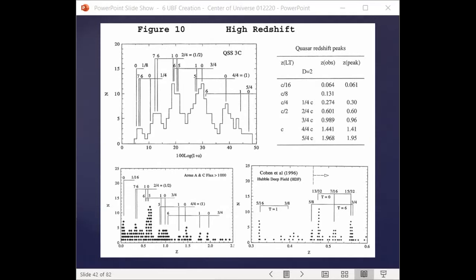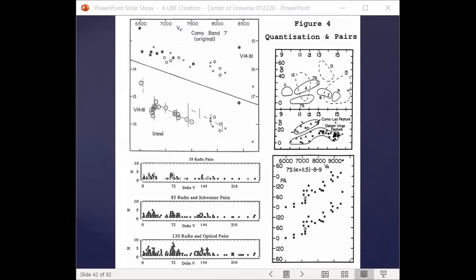If the redshifts that we are observing are the result of an expanding universe, expanding space-time, then you shouldn't see this discontinuity. You should see a continuous distribution of redshift. But what he actually observed is these strong peaks. This means that galaxies tend to cluster around preferred values with equal spacings between them.